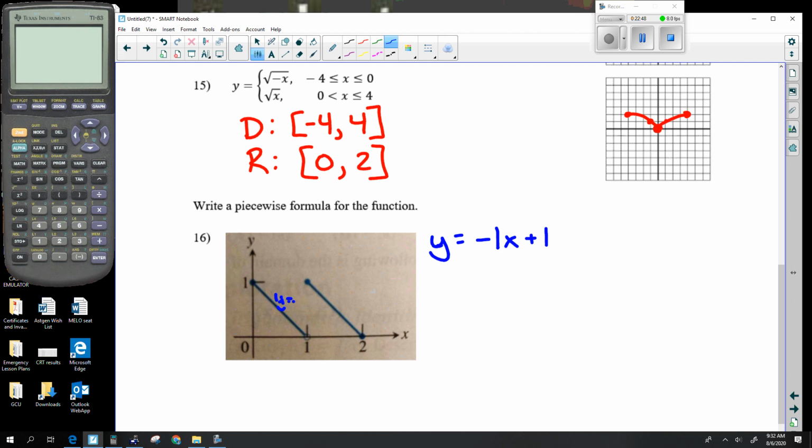So this is y equals -x plus 1. This one would have an intercept of 2. It's a perfect 45. So this equation is y equals -x plus 2. It has the same slope, and that is the equation of that second piece.